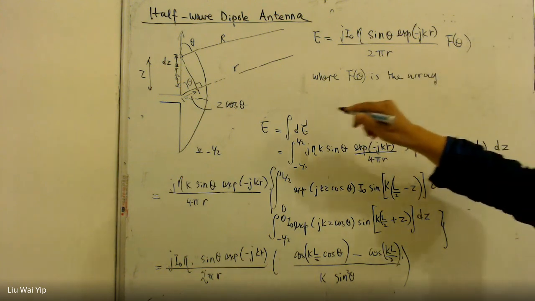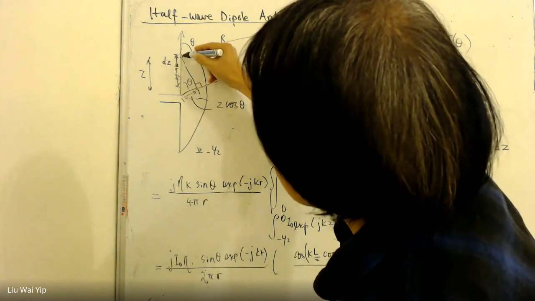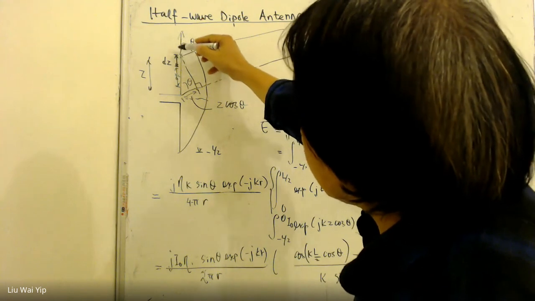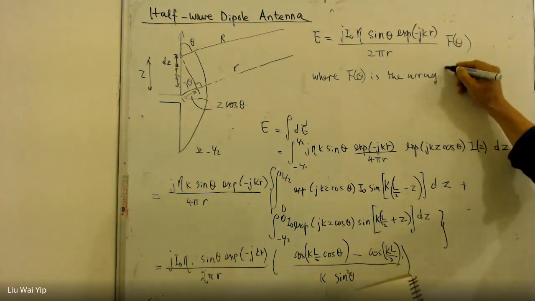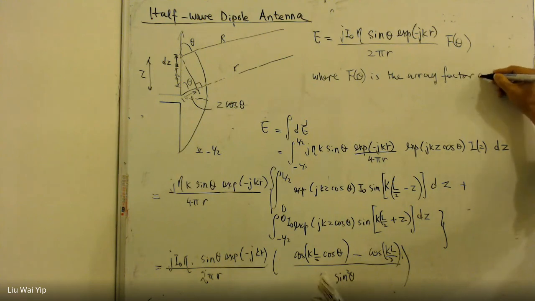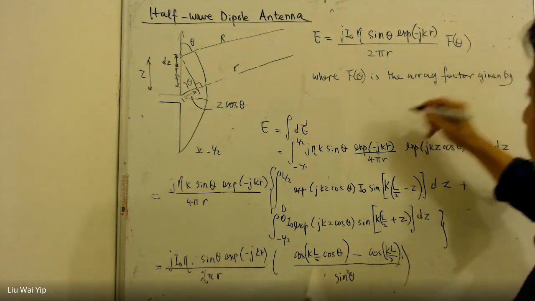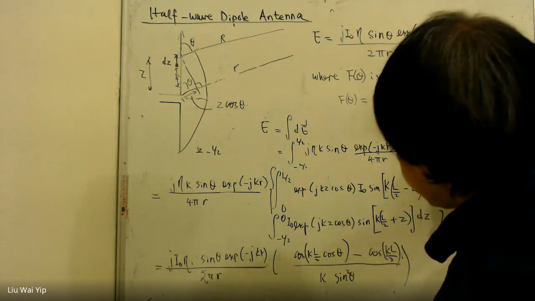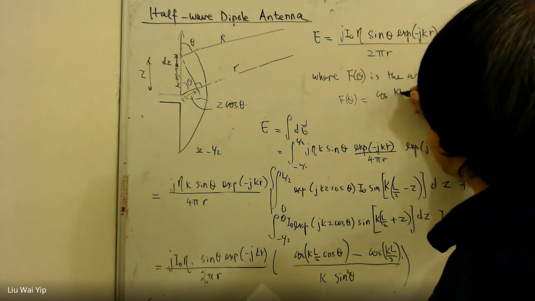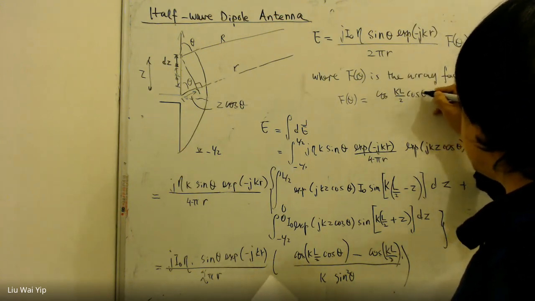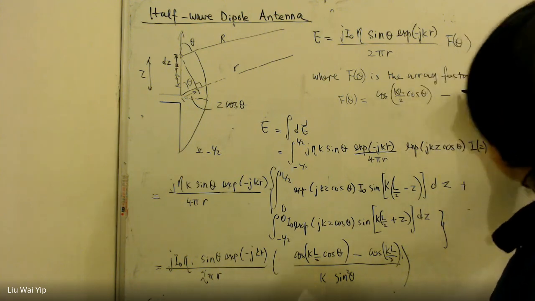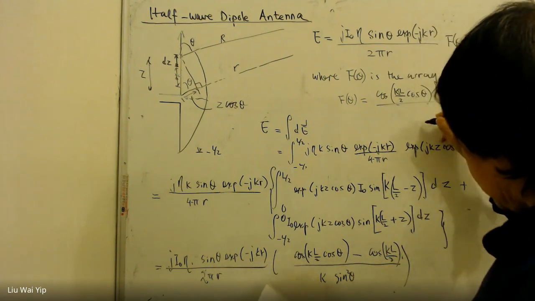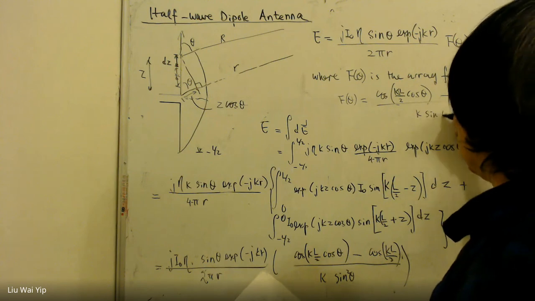The array refers to this array of segments of Hertzian dipole cascade. The array factor is given by this expression: cosine KL divided by 2 minus cosine KL divided by 2, K sine theta.